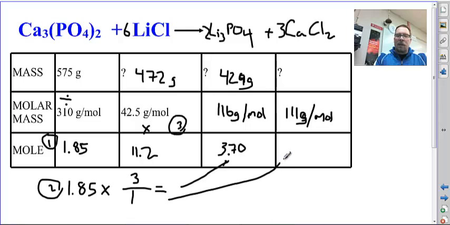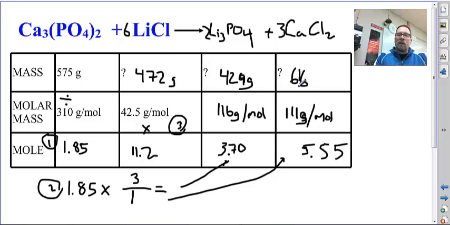So for the last one, it's going to be 1.85 times 3, which is 5.55 moles. And again, the final step is 5.55 times 111, which comes out to be 616.